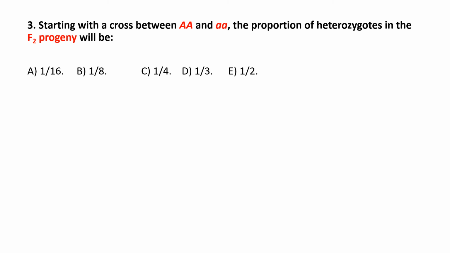Okay, now let's try to solve this question that is also very easy. Here you start with your parental strains, that are the homozygous dominant, and here are the homozygous recessive. And you have to get the proportion of heterozygous in the F2. So it's very easy.